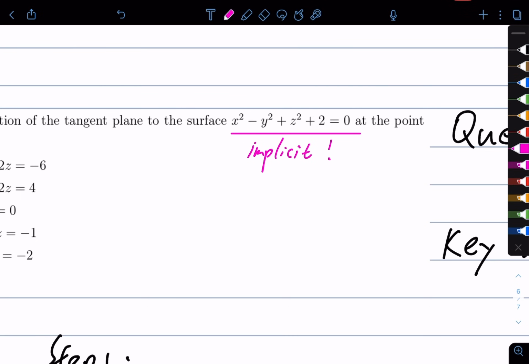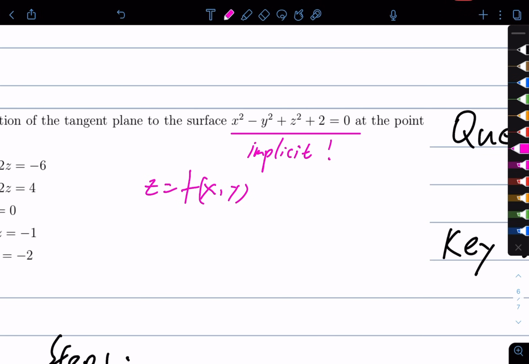Why? Because the equation that they gave us is implicit. Right, so quick example of explicit and implicit difference. So explicit is z equals to function of x, y. Right? So the z, the dependent variable, the output variable is excluded, right? It's clearly defined on the left-hand side of the equation.